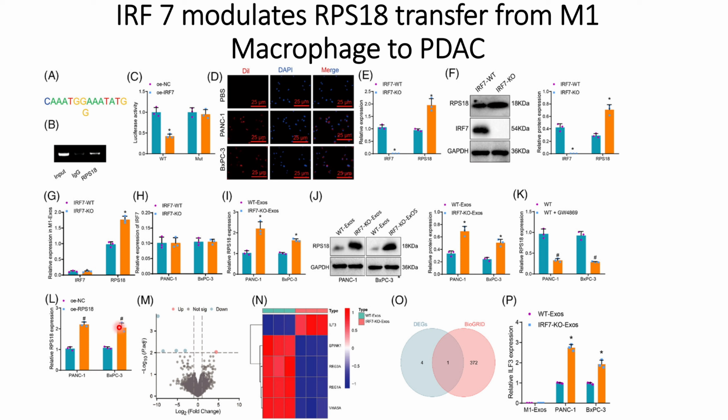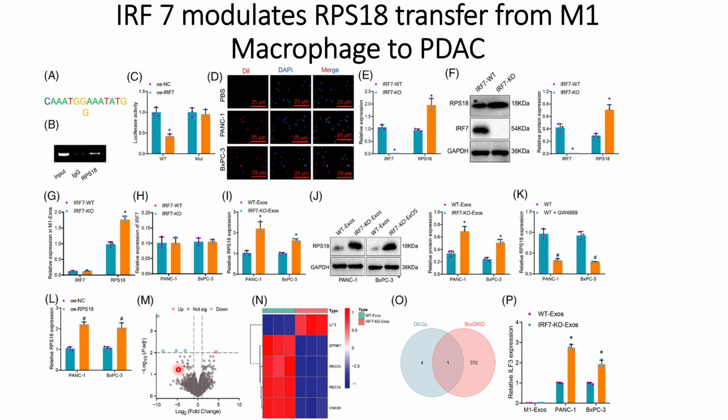And after getting the same results from several experiments, they wanted to check what genes are dysregulated that might play a role in a way that this more RPS18 transfer to the pancreatic cancer cell leads to its more aggressive properties.